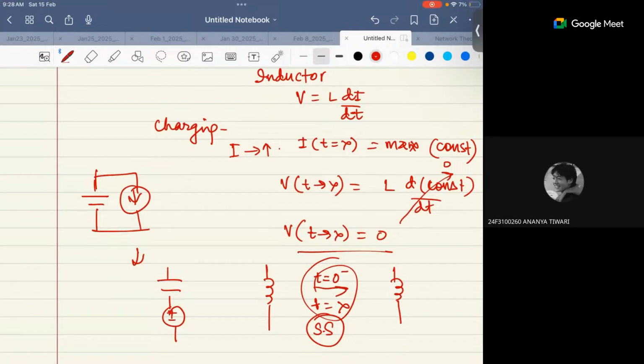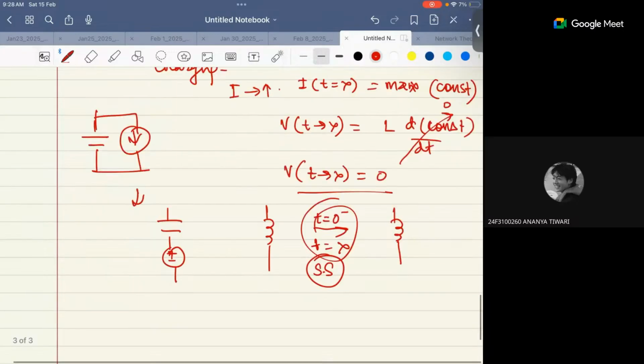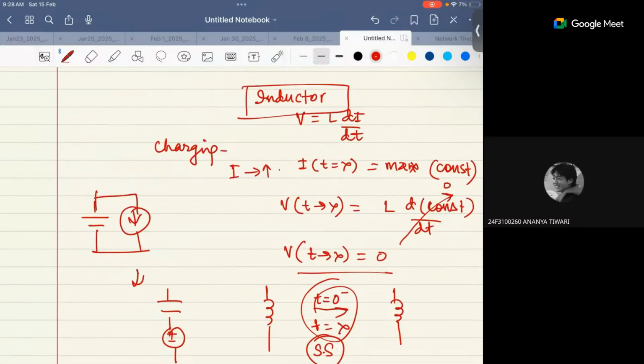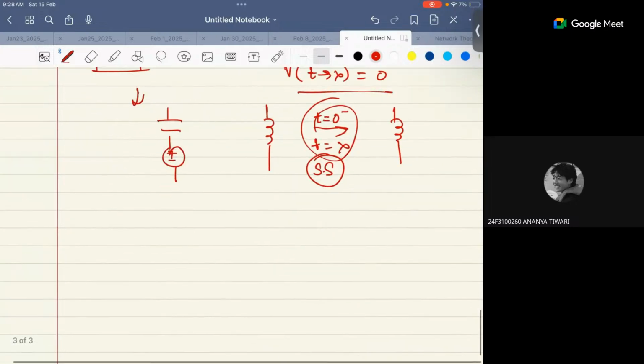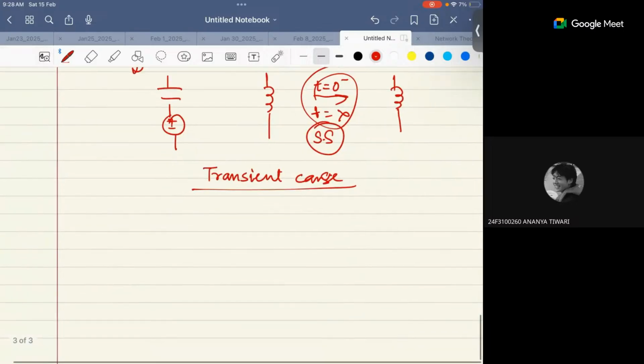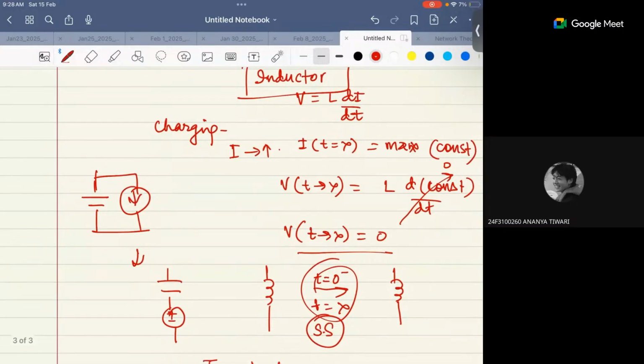See, I guess you're talking about what happens in the inductor case. Maybe your doubt will get clarified. What happens when you deal with the transient case? This is the simple approach that we follow if the switching condition has been given and you are dealing with just an inductor.